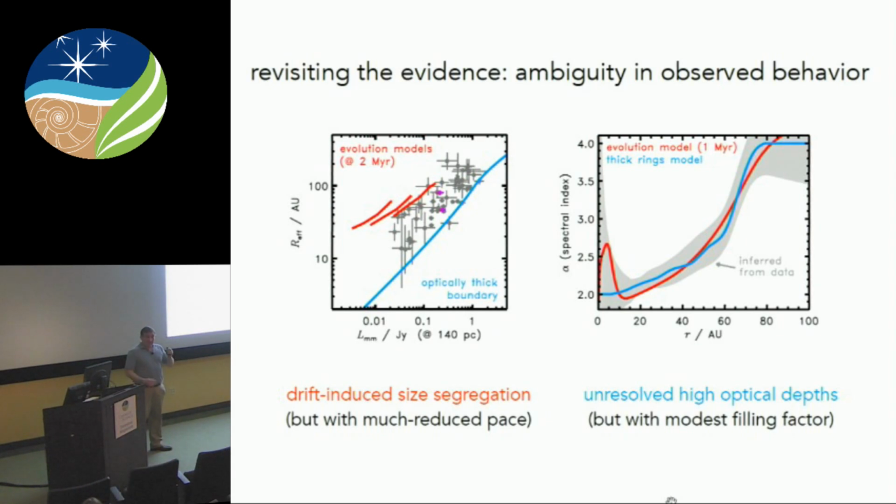As I showed you, if you're concentrated in these narrow structures where you're thick, and outside of that, in the gaps, you're thin, right? You have some sort of beam dilution effect. You have some sort of filling factor. Right? And if that filling factor happens to be a few tens of percent, maybe 30%, this optically thick boundary would go right through this relationship.